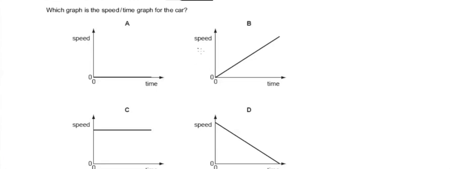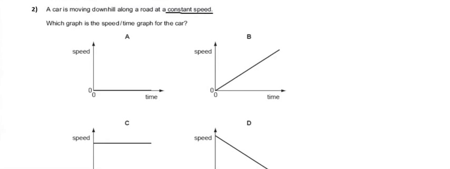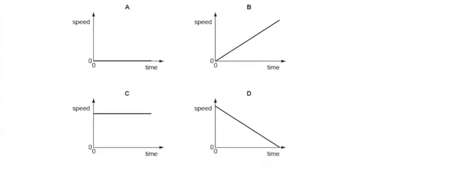This is not a distance-time graph, this is a speed-time graph directly, and they are asking for constant speed. In this case the line is along the time axis only. So here we can say speed is 0. So this cannot be our answer.